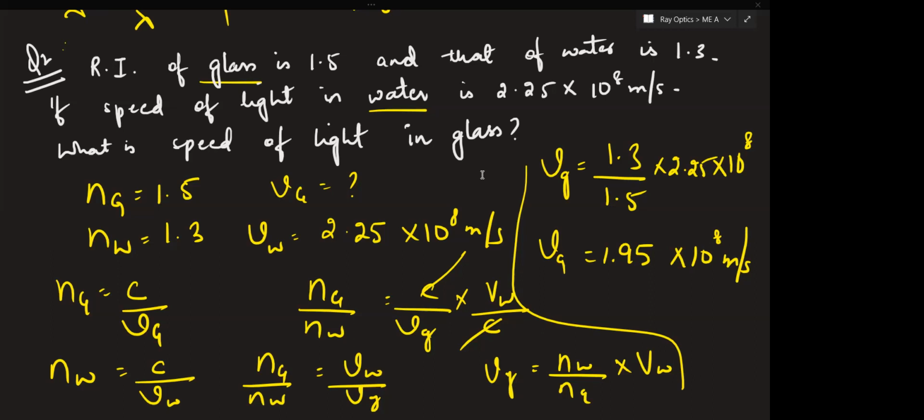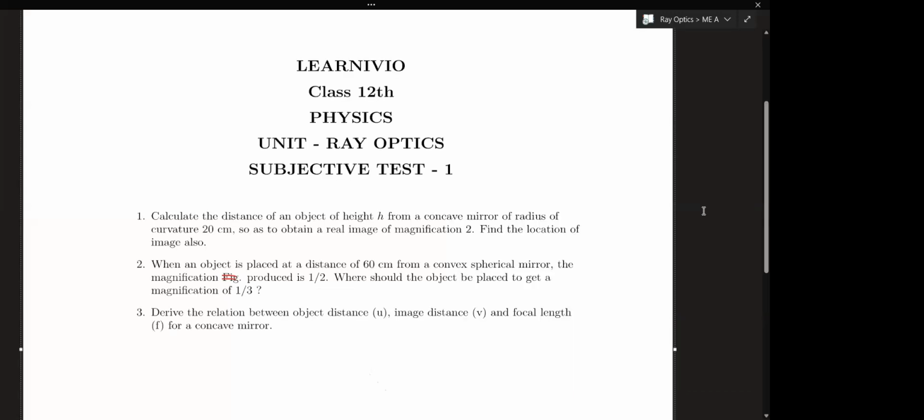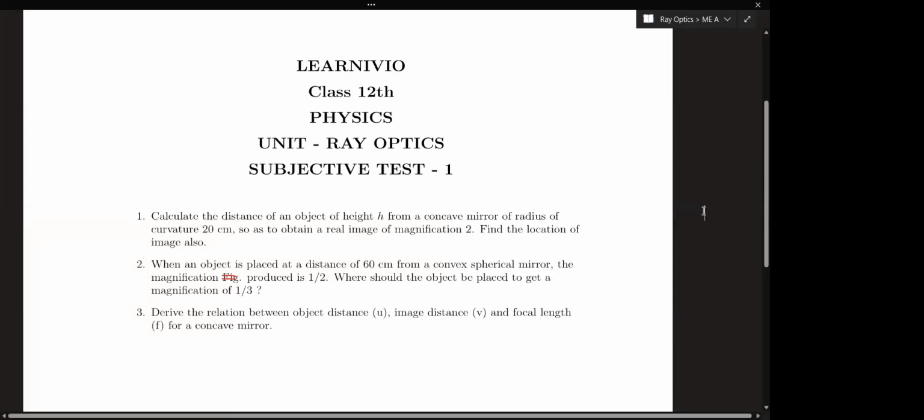Rafat, do have the question paper with you. Ray optics. So 3 questions. One is this derivation, 2 numericals. All right, class, start with it. Rafat, after taking the screenshot, you may leave.